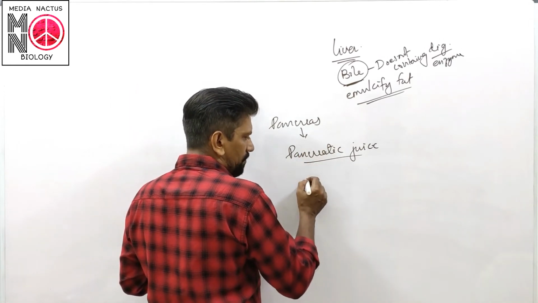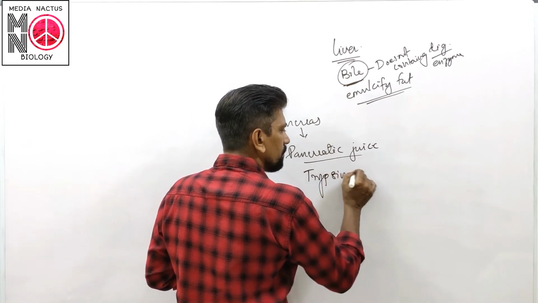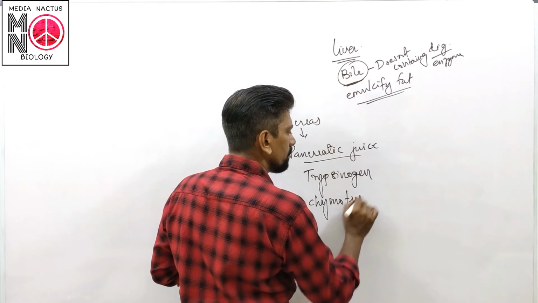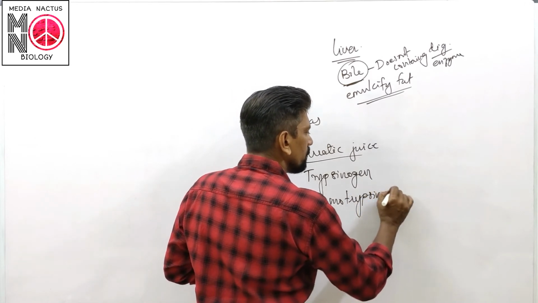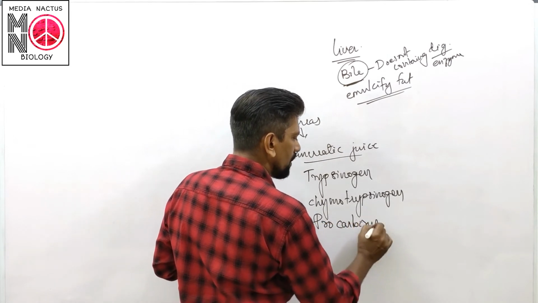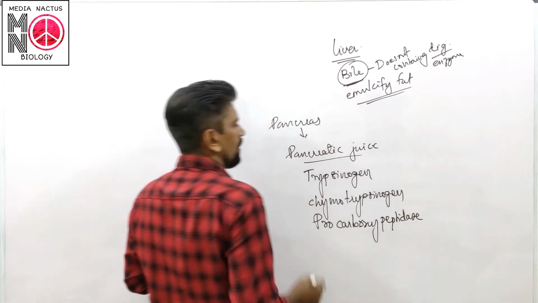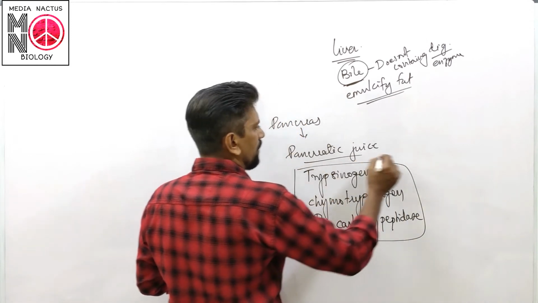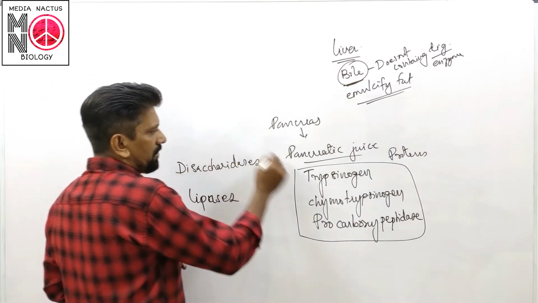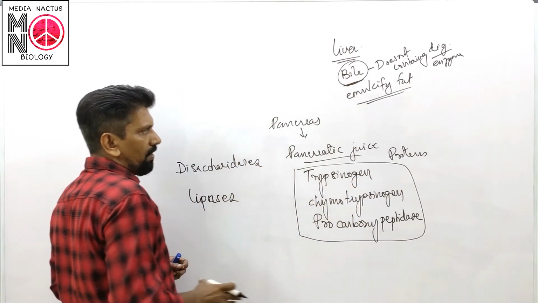The enzymes are trypsinogen, chymotrypsinogen, procarboxypeptidase. So these are protein digestive enzymes, for digestion of protein. These digest the different types of nutrients into simpler forms.